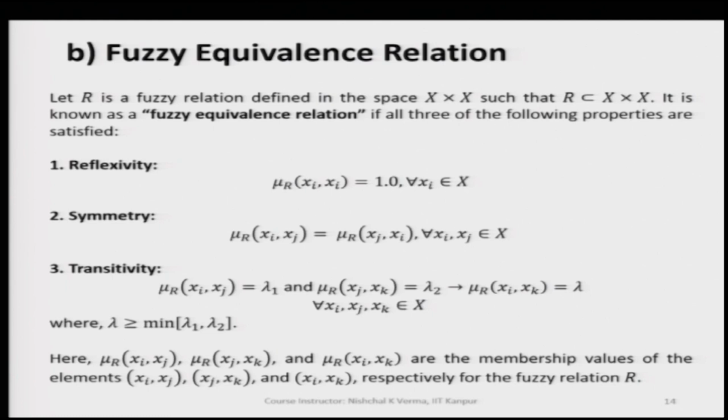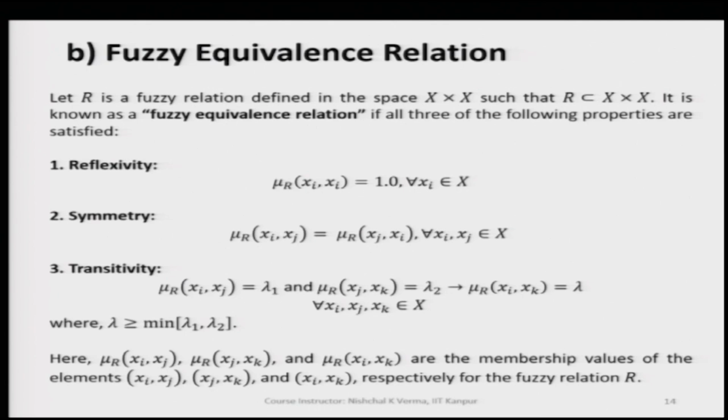A fuzzy relation which is not a fuzzy tolerance relation cannot be a fuzzy equivalence relation, because for any R to qualify to be called a fuzzy equivalence relation, first this R has to be a fuzzy tolerance relation.